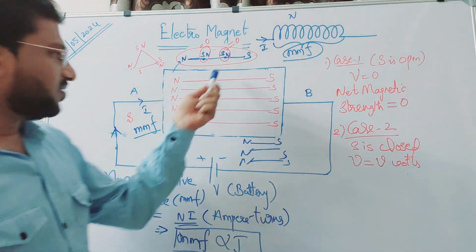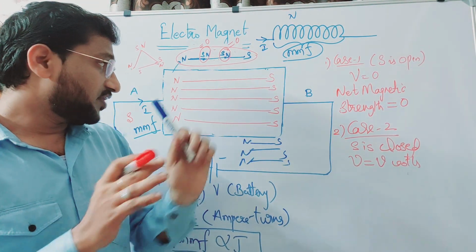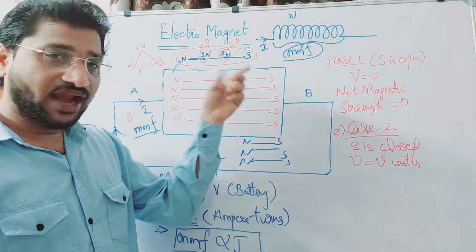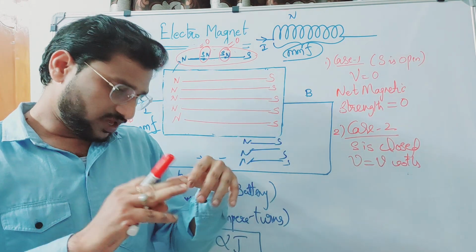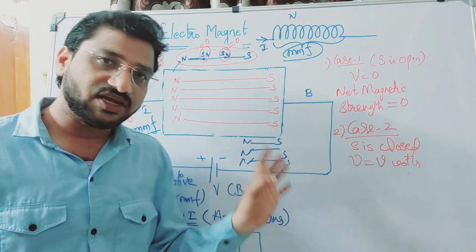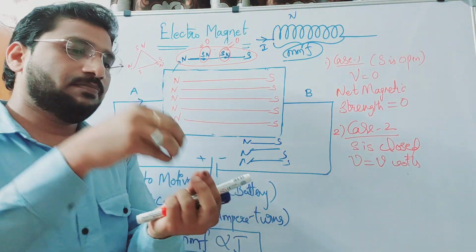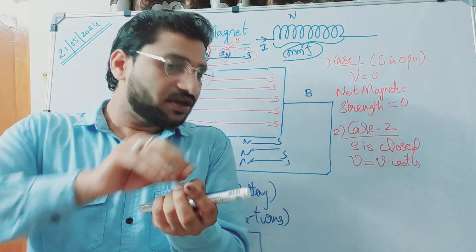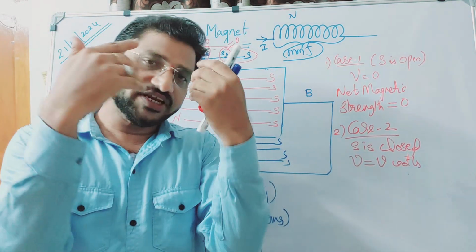I am just taking 5; initially I think I wrote 6, but whatever it is, think that it is like a triangle earlier, a rectangle earlier, a hexagon earlier, a rhombus earlier, right? Except the place where the bond is broken, at all remaining places there is a combination of north and south. Therefore the net strength is 0.